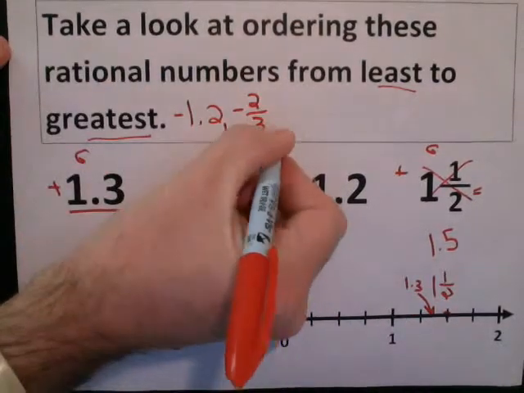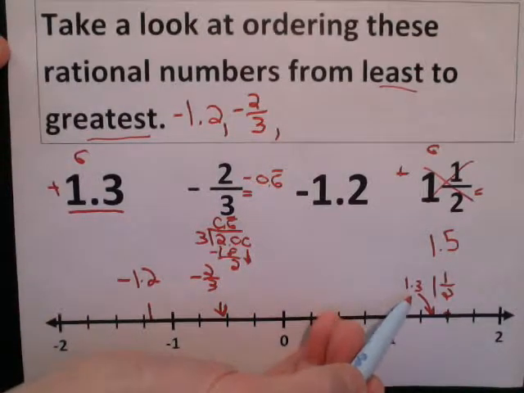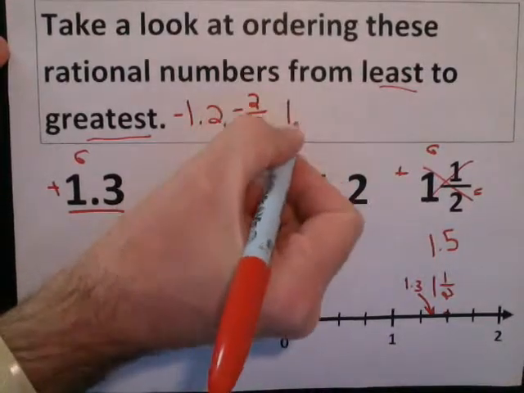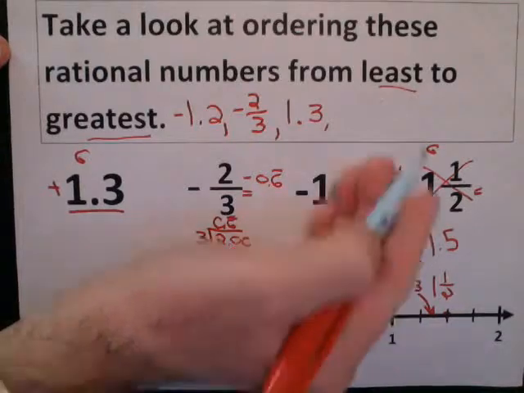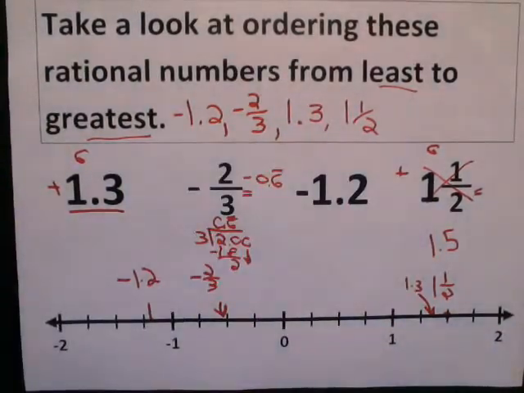And then we would go into our positive numbers, and we would have our next as positive 1 3/10, and our greatest number would be positive 1 1/2. And that's how we would order them from least to greatest.